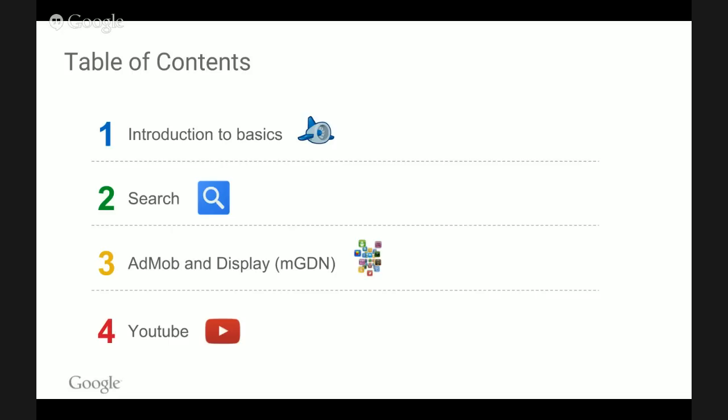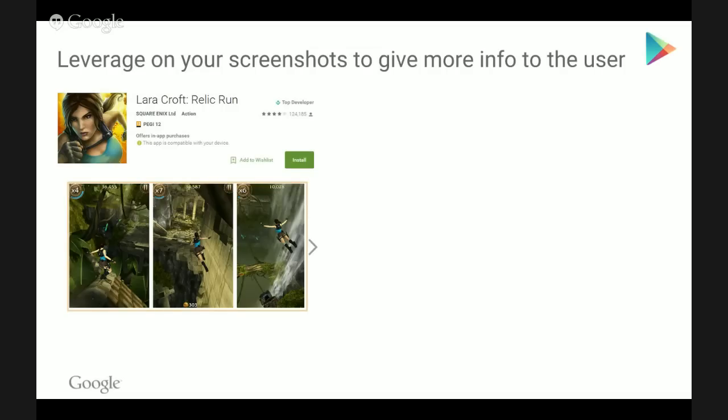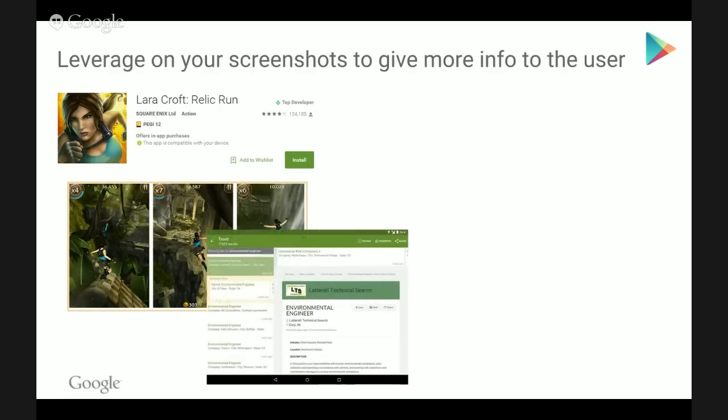Remember, 2 days ago you had a hangout about Google Play, but today I want to talk about how you can leverage your screenshots. This is a game, and as you can see, it's just a plain screenshot. After, we have another example, I think it's to find a job.